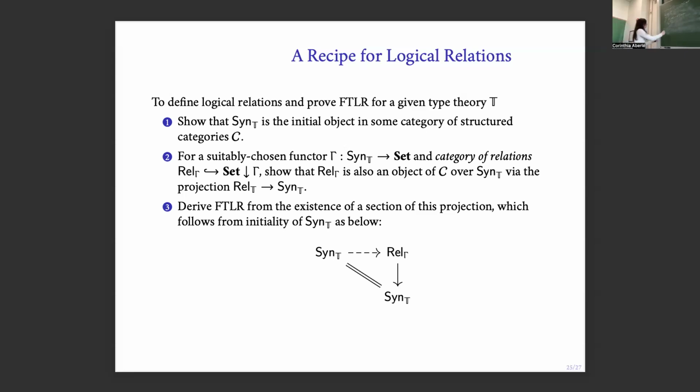And then we want there to be some B, which is an object of C, such that F of B embeds faithfully in this Artin glueing cone.